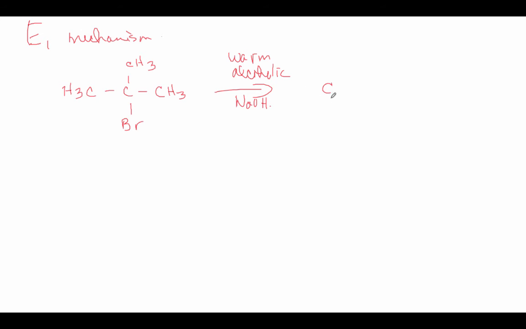First thing that's going to happen is this bond, those two electrons, going to the bromine. It's going to form the bromide ion.